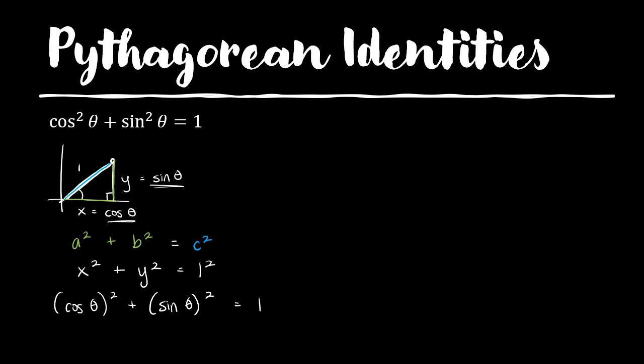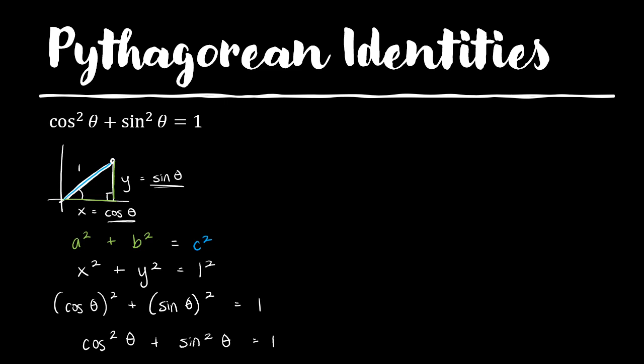Rather than writing cosine in parentheses and then squared on the outside, we just want to move that exponent right by our cosine. Cosine squared of theta is how we'll write that instead. Sine squared of theta is equal to 1. So that is where our first Pythagorean identity comes from. Literally just looking at our reference triangle from some angle on the unit circle and plugging in our known information into the Pythagorean theorem. So let's look then at the other two.